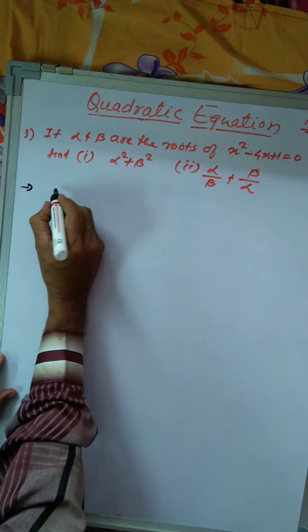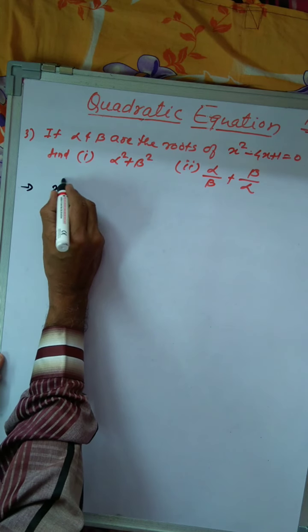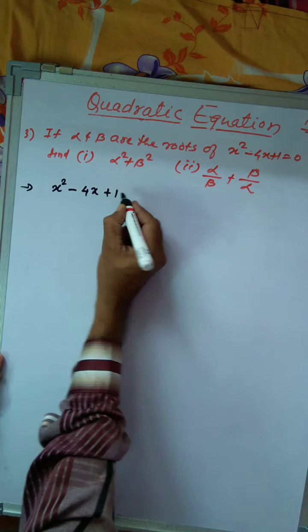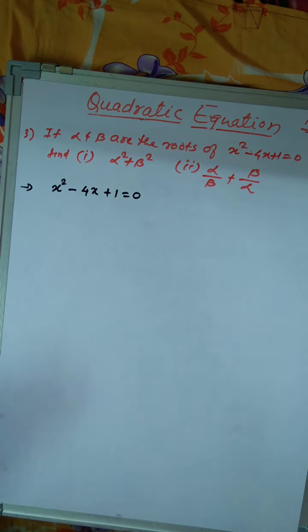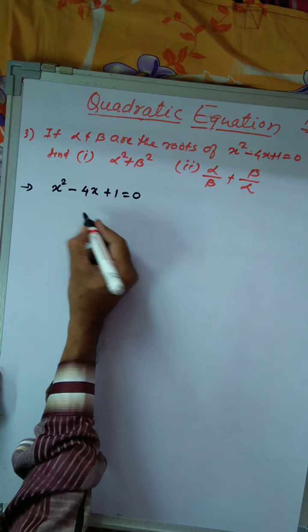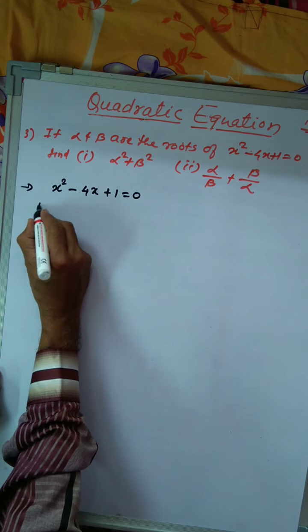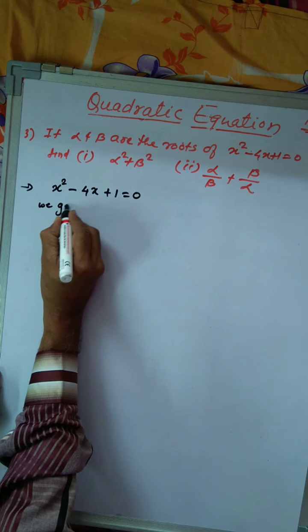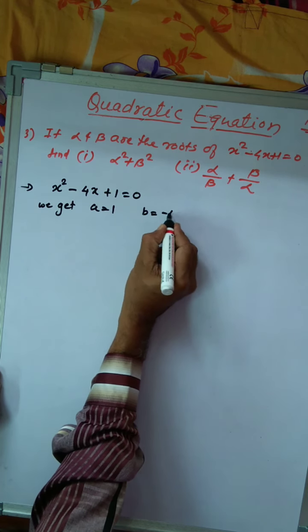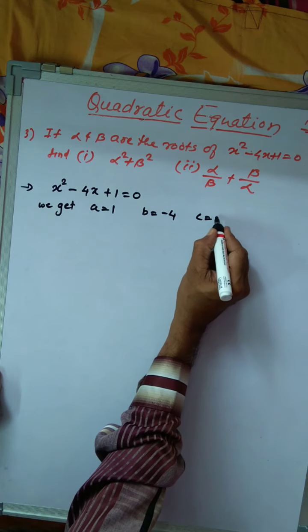Here the equation is given x square minus 4x plus 1 is equal to 0. We compare this equation with ax square plus bx plus c is equal to 0. We get a is equal to 1, b is equal to minus 4, and c is equal to 1.